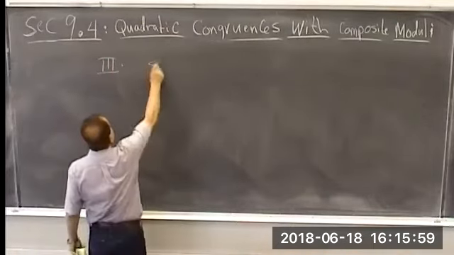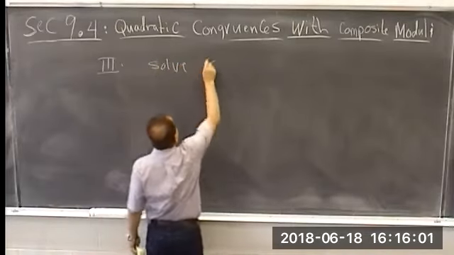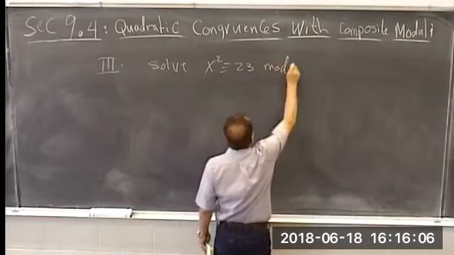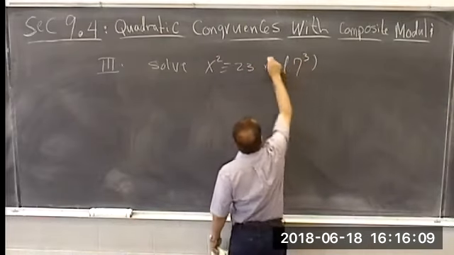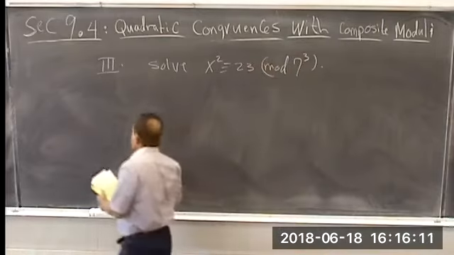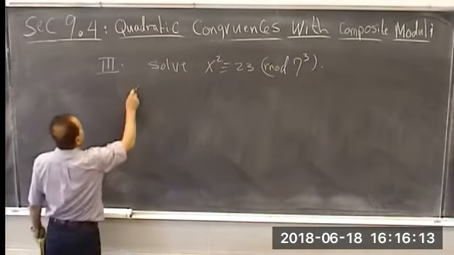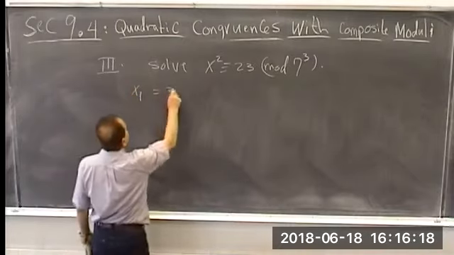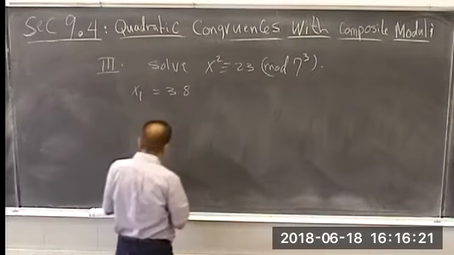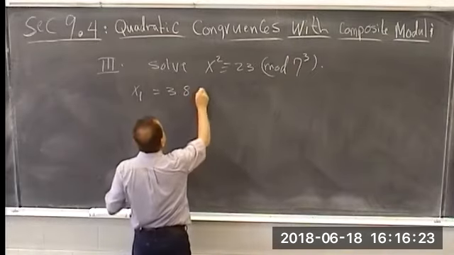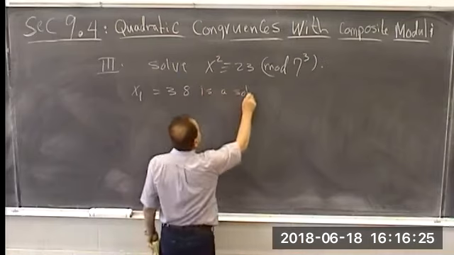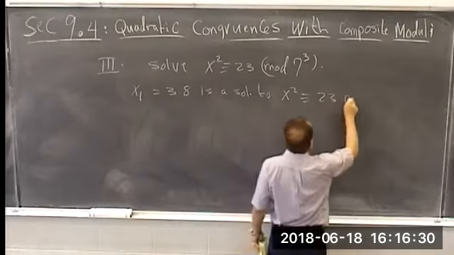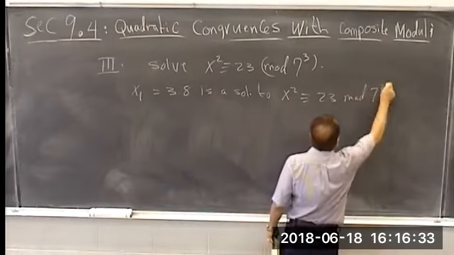We're going to solve x squared congruent to 23 mod 7 to the third. Again, we have x1, which is equal to 38, a solution to x squared congruent to 23 mod 7 squared.